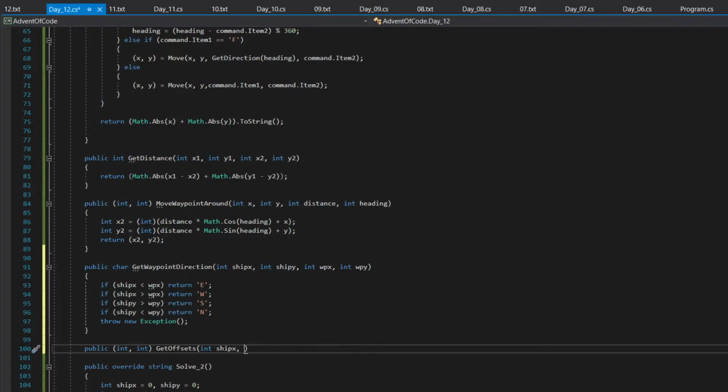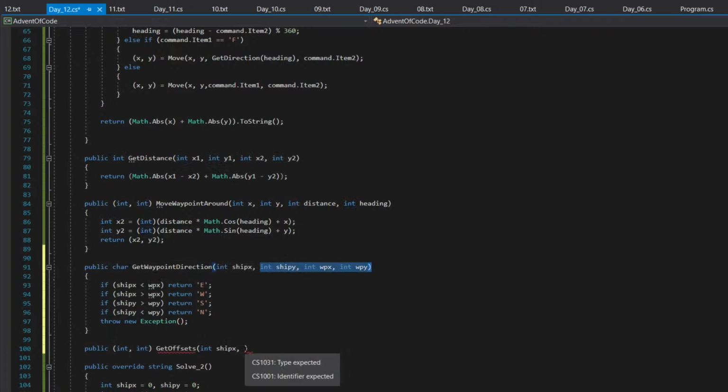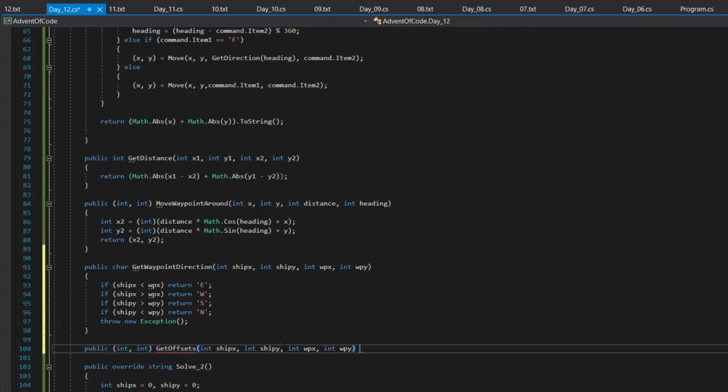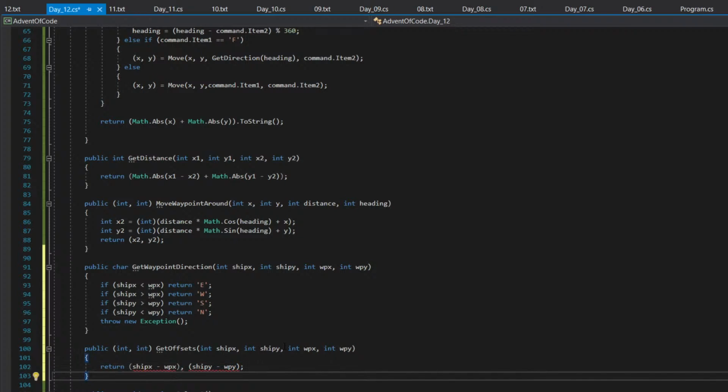Ship X. Whoops. Copy this guy. So we're going to return ship X minus waypoint X, and ship Y minus waypoint Y. So what are we going to do with those offsets?